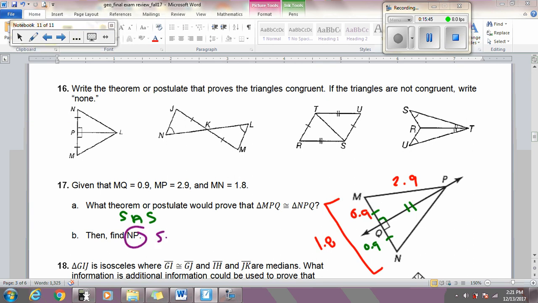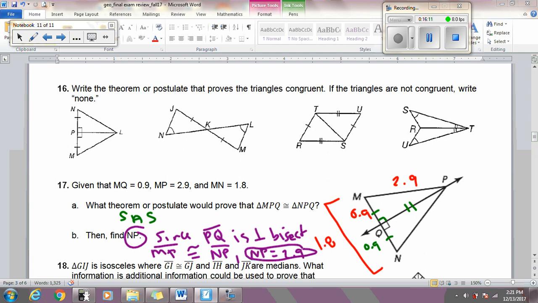So since PQ is a perpendicular bisector, MP is congruent to NP. So NP is equal to 2.9 as well. You need to understand all of that information.